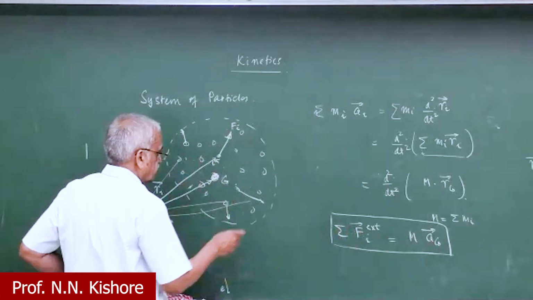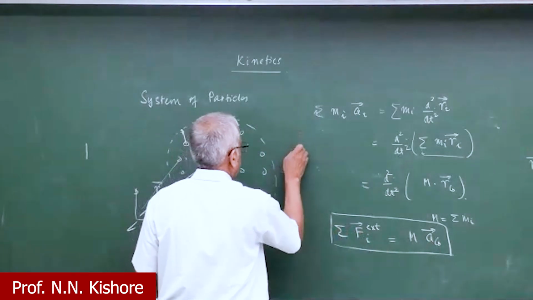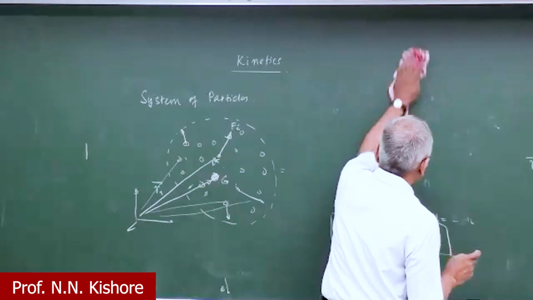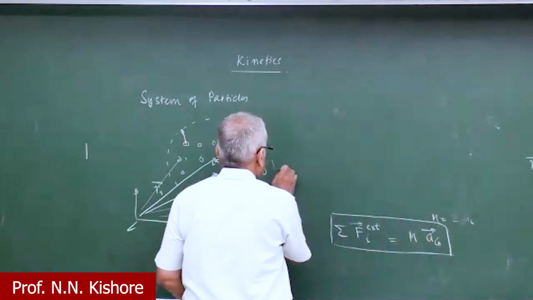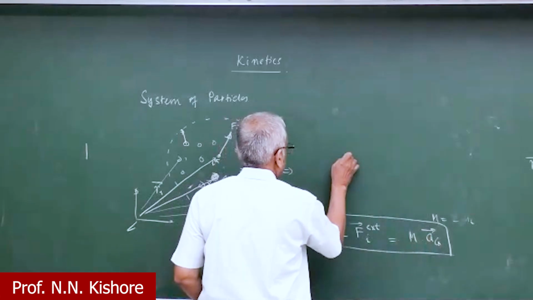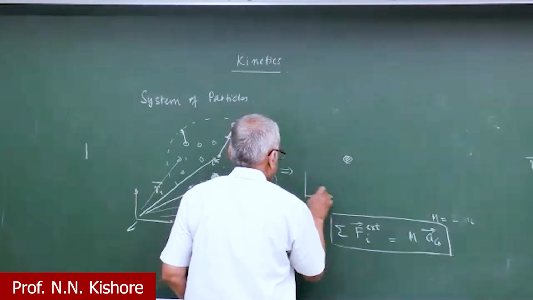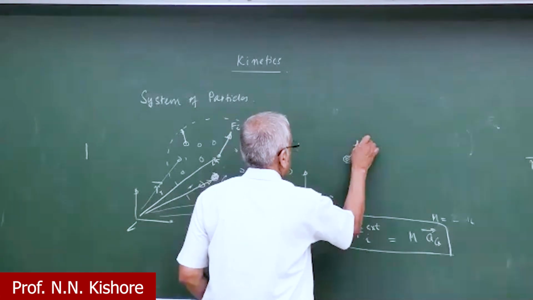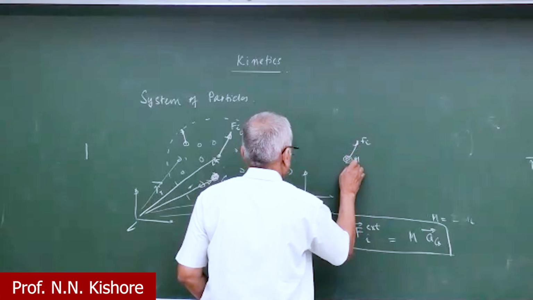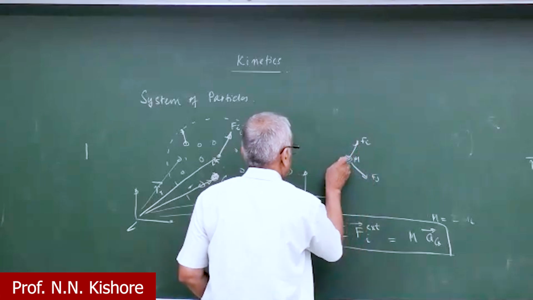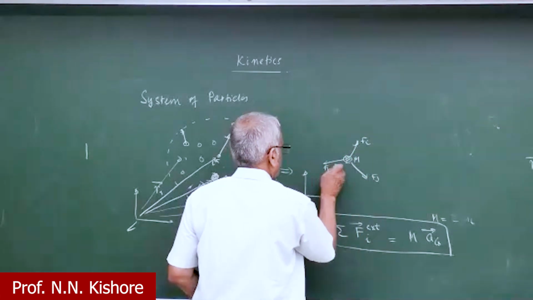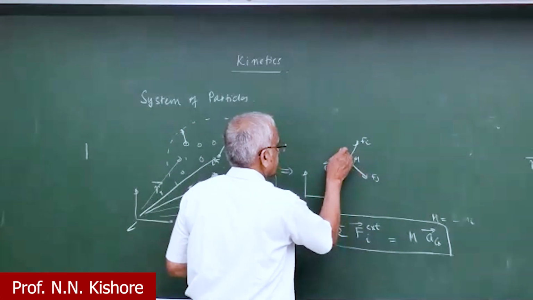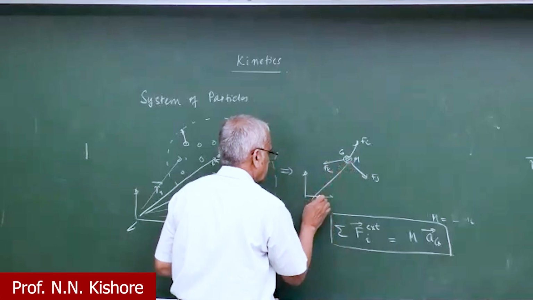For example, we have the linear momentum defined by Gi, and Gi is Mi Vi, right? This is the linear momentum, and you can sum it up. The total linear momentum is nothing but the sum of Gi.